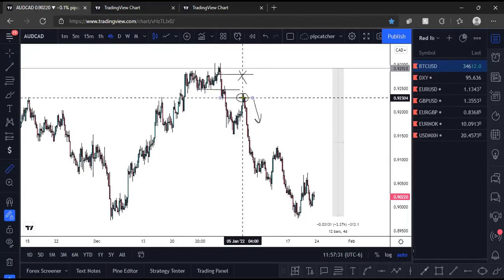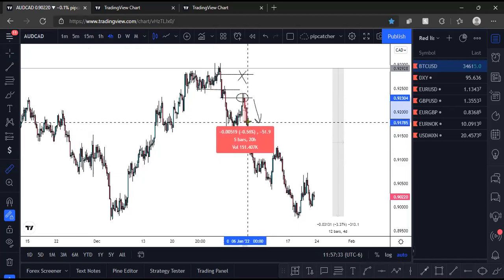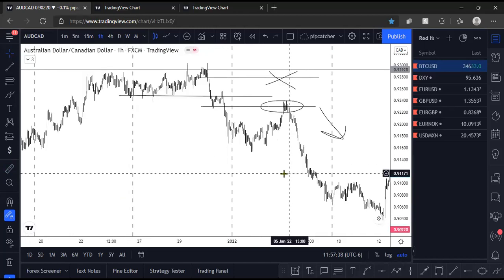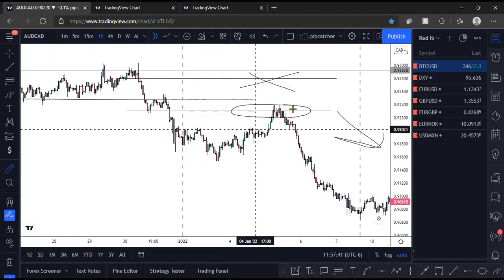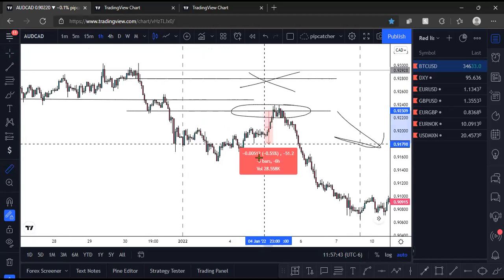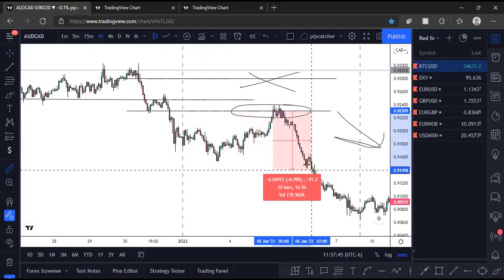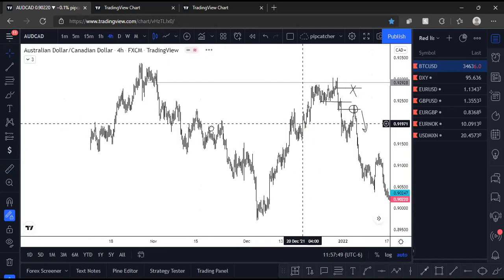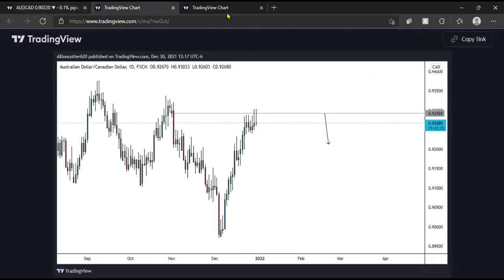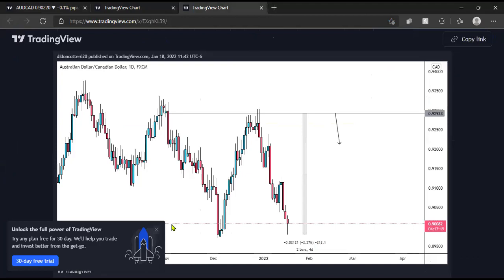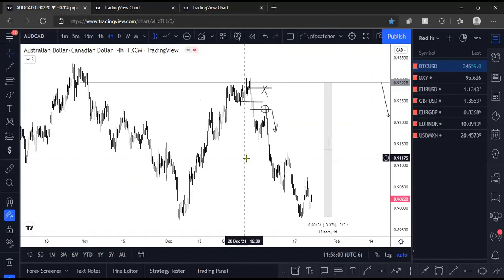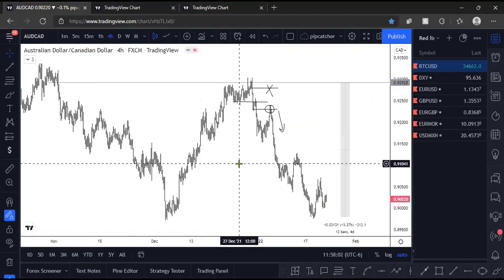And you can see my first TP was this low actually on the 1 hour. Right here. So first TP was there. But here's the before and here's the after with a total of 313 pips.